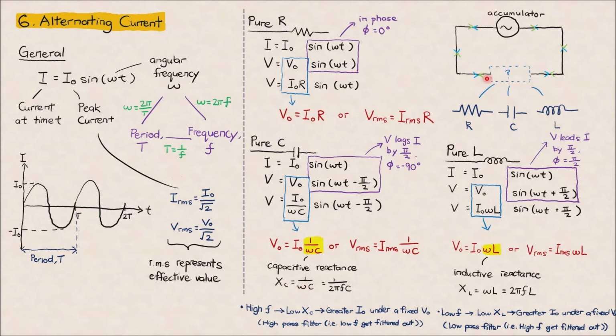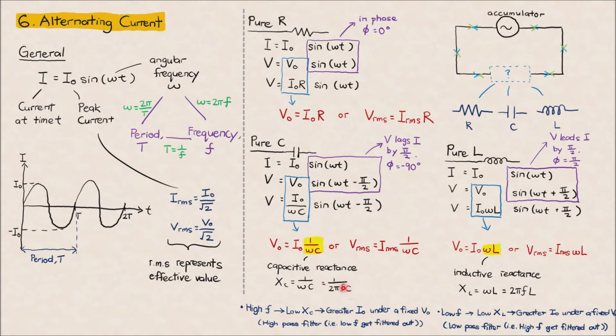Say you put a capacitor over here, and you have an accumulator that can produce an AC current. Let's say you're producing a current with very high frequency. Then the denominator of this fraction will be high, because if f is big, then 2 pi f c will be very big.